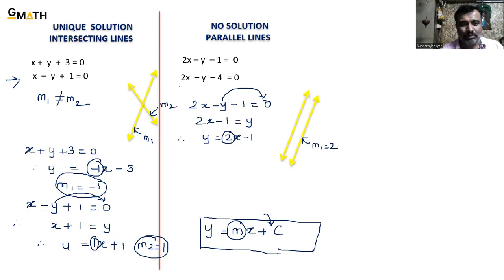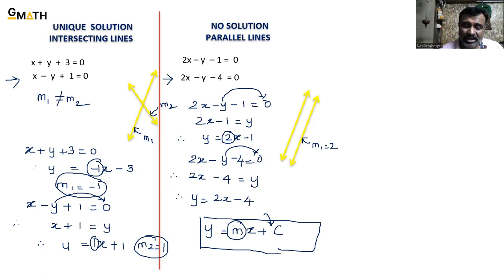Similarly, let us get the slope of the second line. Second line is 2x minus y minus 4 is equals to 0. Let us write it in the slope intercept form. We'll separate y, sending that y to the right side. So what you get is 2x minus 4 is equals to y, or y is equals to 2x minus 4. Now look at the slope, compare it with this slope intercept form.